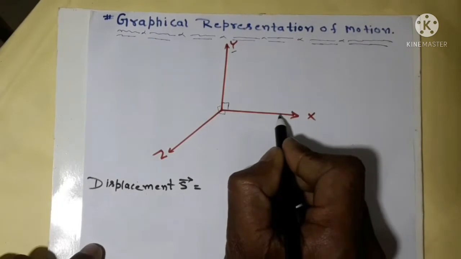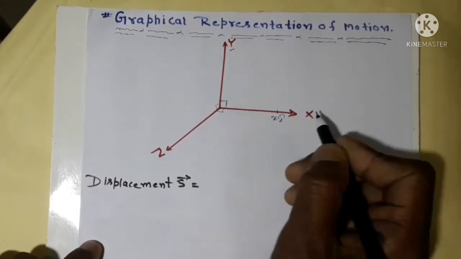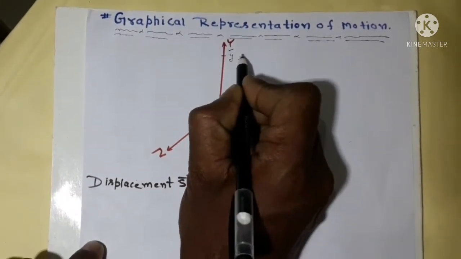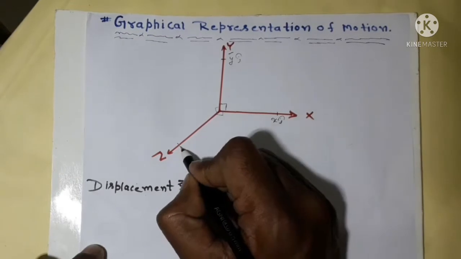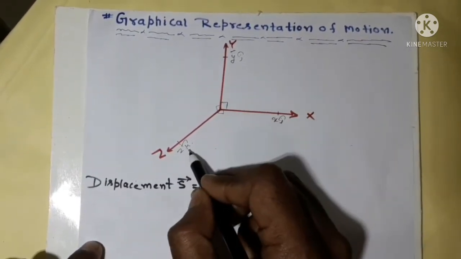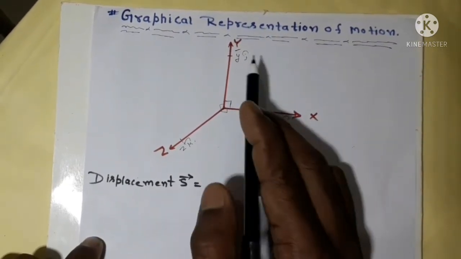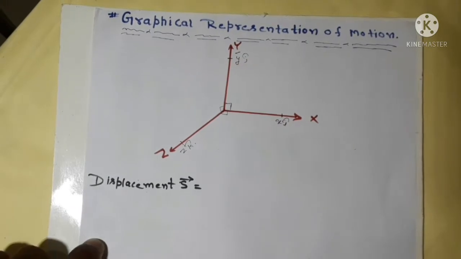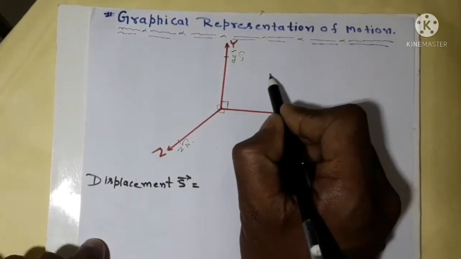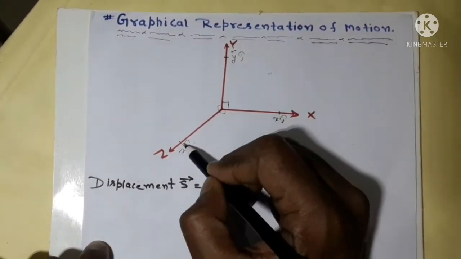Suppose this point is x I cap and this point is y j cap and this axis is k. I, J, K are unit vectors and the notations of x, y and z respectively. Suppose this point displacement from here and from here.